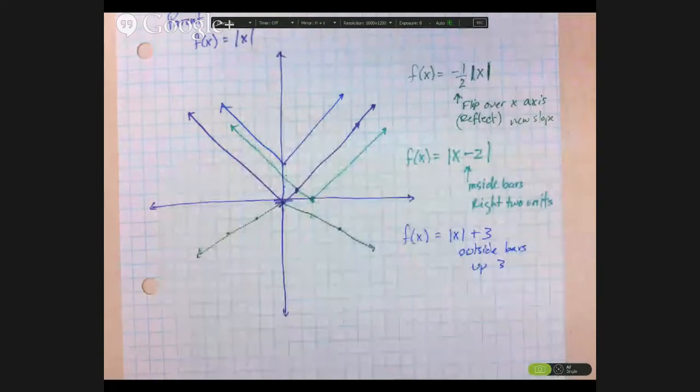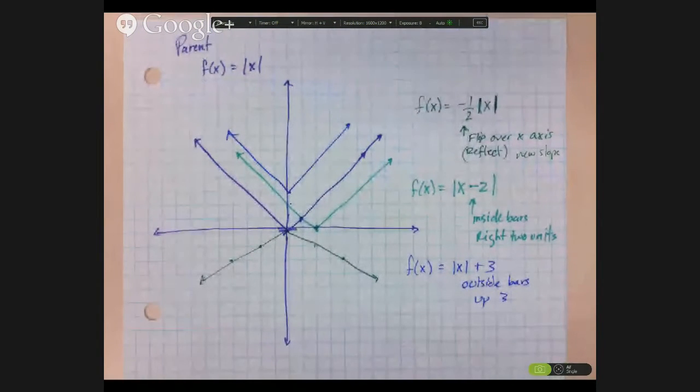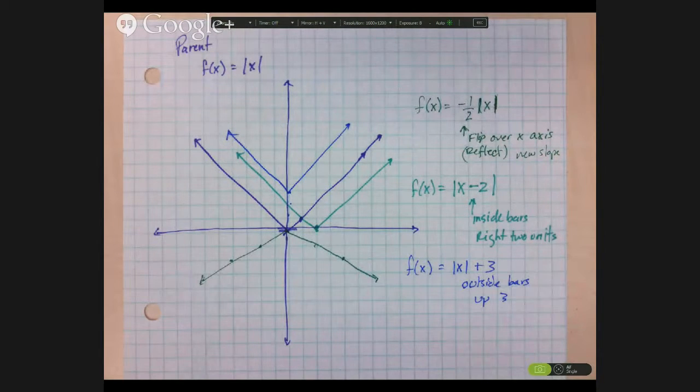We've just translated it 3 units up. So you get the idea.